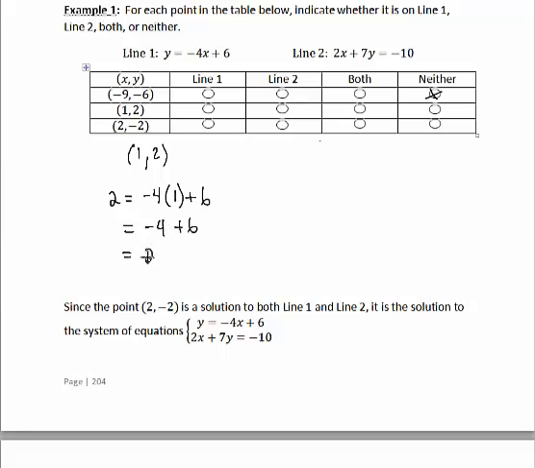Negative 4 plus 6 is 2, and it checks out. The left hand side does equal the right hand side, and so we can check line 1.